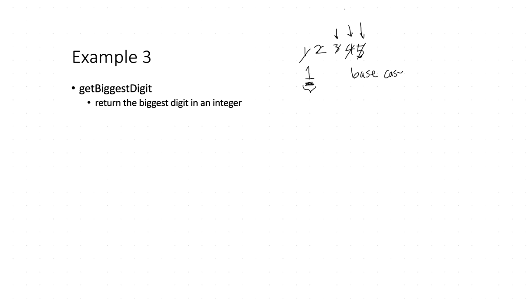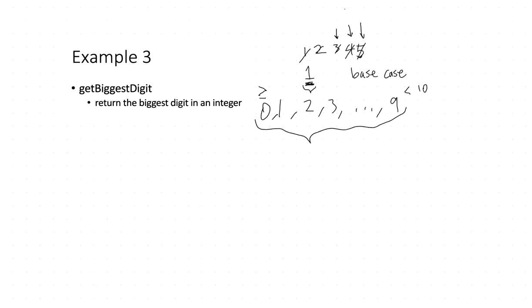And to extend it, 1 works. If you just pass in 2, 3, any number that is greater than or equal to 0 or less than 10, we can tell immediately what the biggest digit in that integer is.